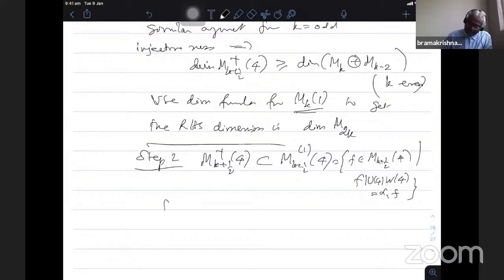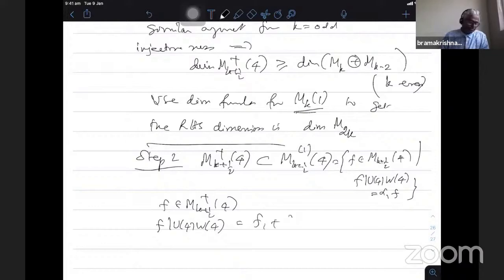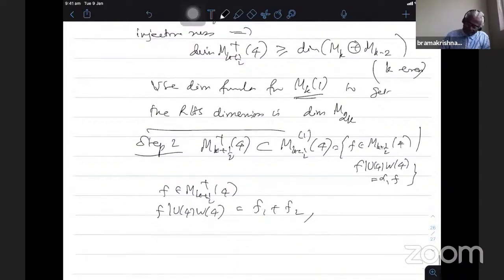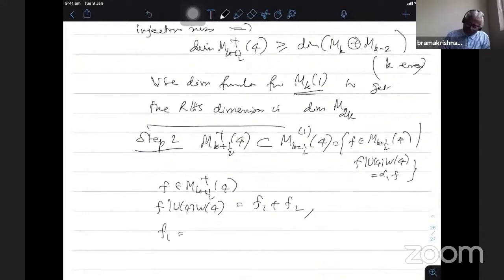You take f in MK plus half plus 4 and write f bar u4 w4; u4 w4 preserves the space. I write it as f1 plus f2, where I use the definition of u4 and w4. For the u4 operator I divide into 4 parts because it is v modulo 4. Two of the things I keep in f1 and two I shift to f2. That's the idea.